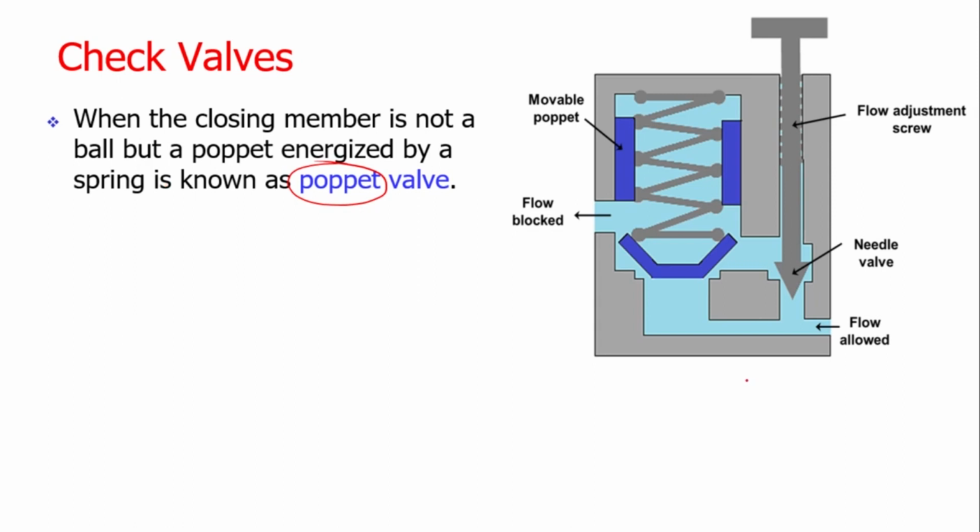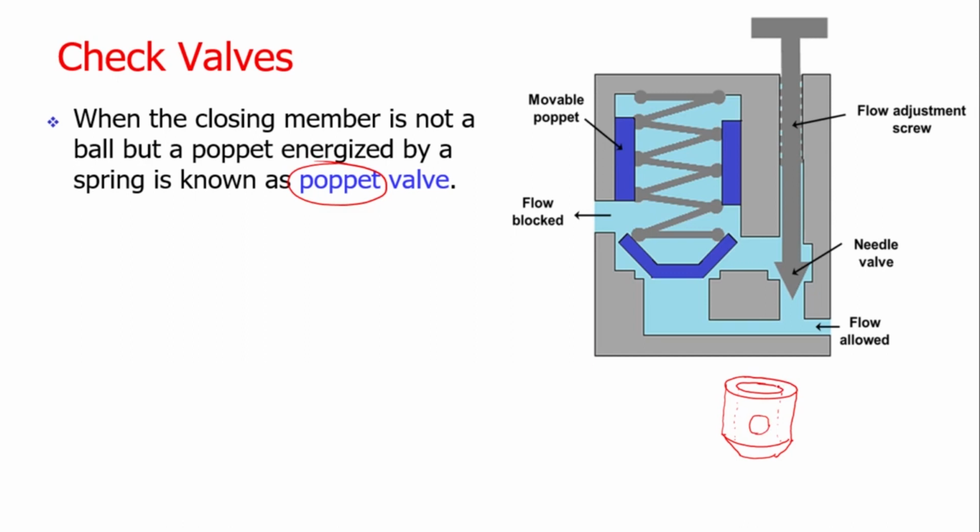It is basically a hollow cylindrical device and it has a hole as well. So inside the poppet we can accommodate the spring.